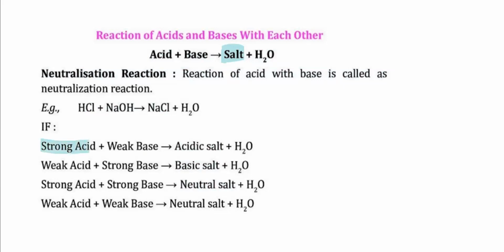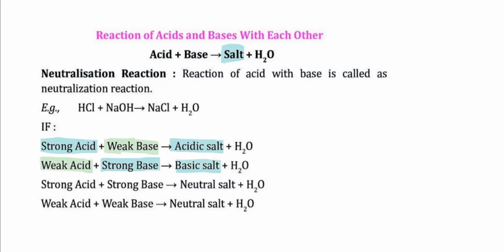If the acid is strong, then the salt will be acidic, which means when a strong acid reacts with a weak base, the salt will be acidic in nature. Likewise, if the base is strong and the acid is weak, the salt so formed will be a basic salt.